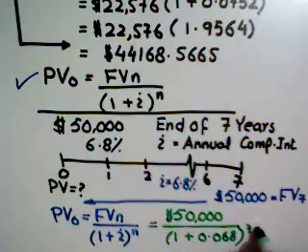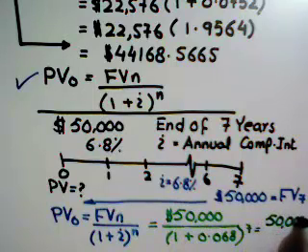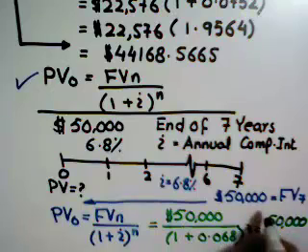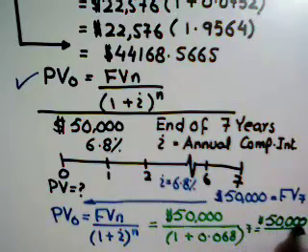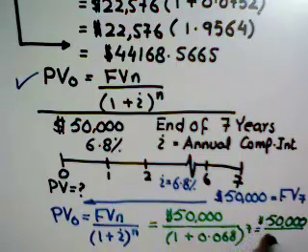Now if we solve this, 50,000 divided by 1.068 raised to the power 7, I'm doing it on my calculator, which is 1.58584.